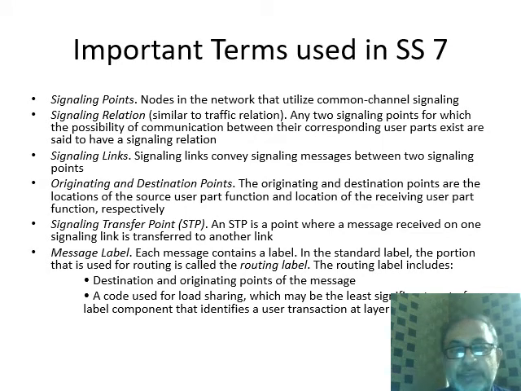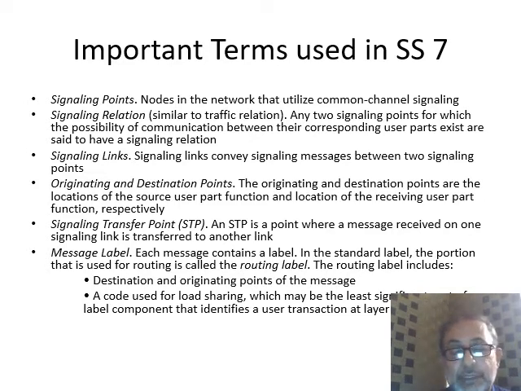Some important terms in Signaling System Number 7. We've got signaling points, which are the nodes in the network that utilize common channel signaling. Signaling relations, similar to traffic relations. Signaling links, originating and destination points, which are just like the IP packets.